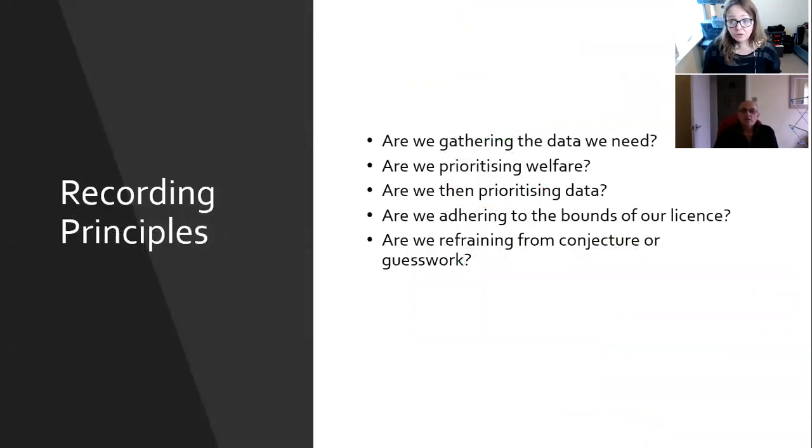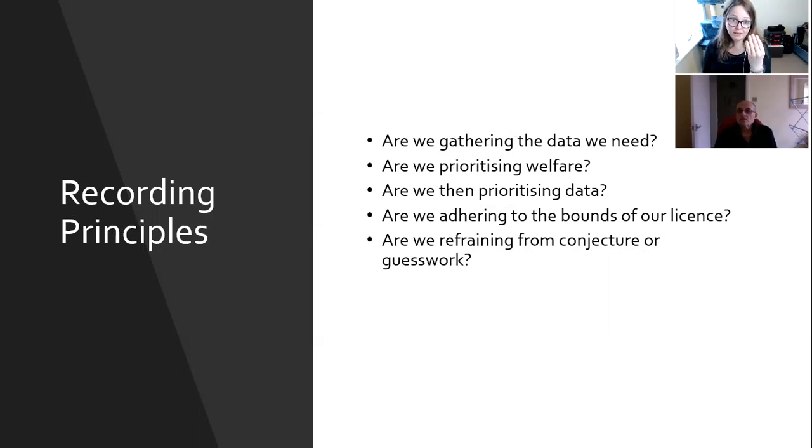So all this comes down to, are we gathering the data that we need? Are we prioritizing welfare? Your welfare first, remember from your induction: human welfare, bat welfare, data. And are we then prioritizing the data? So we want species, sex, breeding condition, DNA.